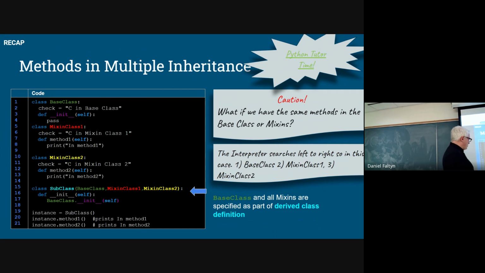And the reason is your interpreter, when it says, oh, okay, I have an instance of subclass here on line 19. I want to call method 1. The interpreter is going to say, okay, do I have a method 1 declared here on subclass? No, I do not. It's going to go to the base class. Say, do I have a method called method 1? I do not. Then it's going to go to mixin class 1. Here's the method. And then it will implement it.